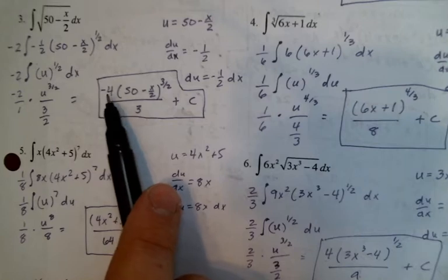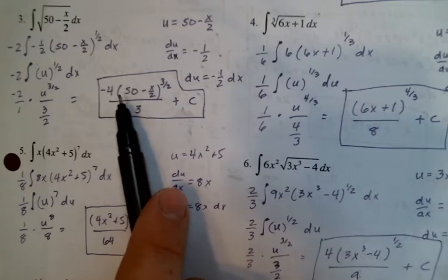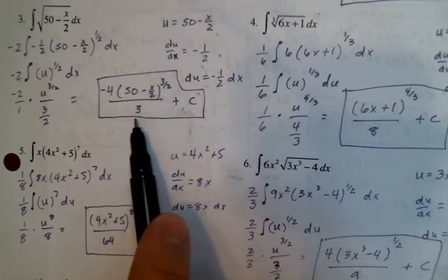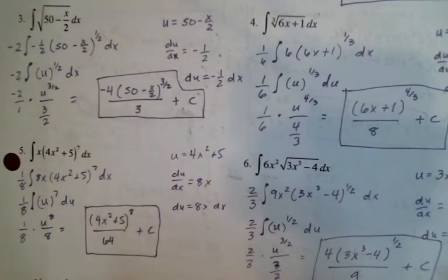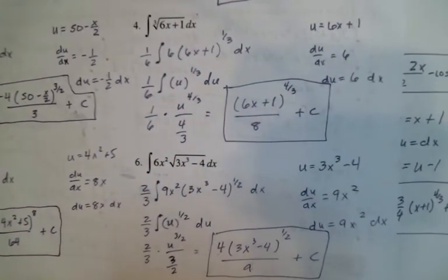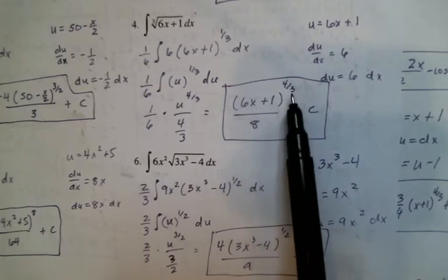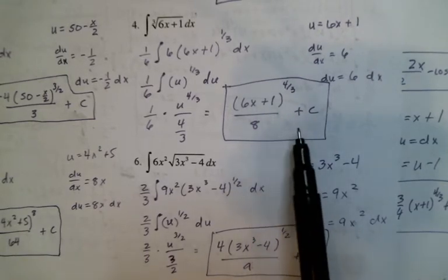Number 3 is -4 times the quantity of 50 minus x squared raised to the 3 over 2 over 3 plus c. Number 4, the quantity of 6x plus 1 raised to the 4/3 over 8 plus c.